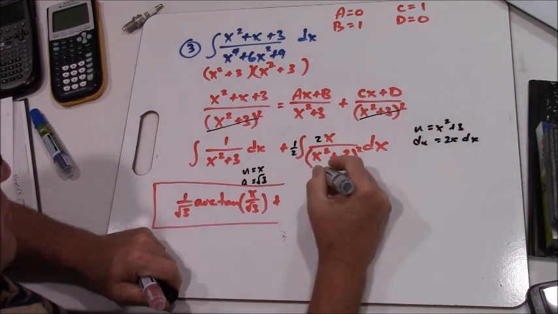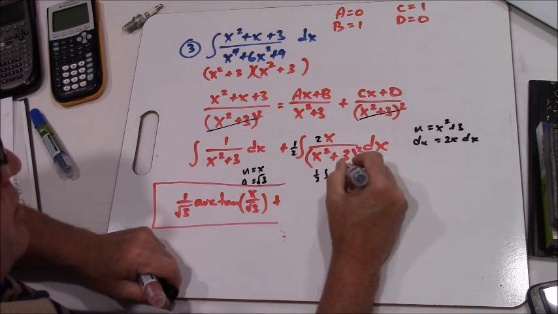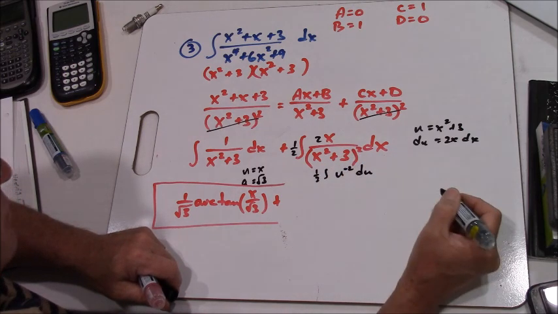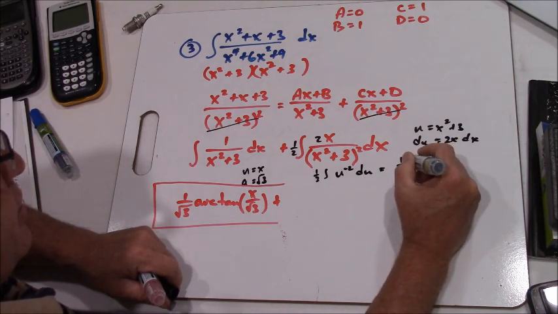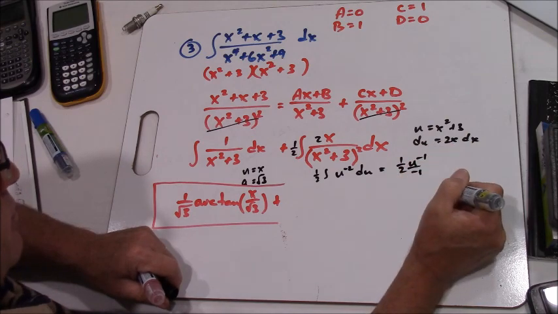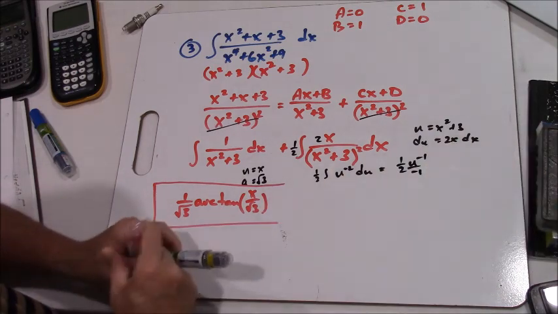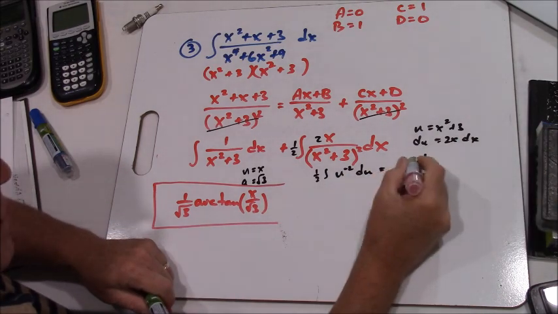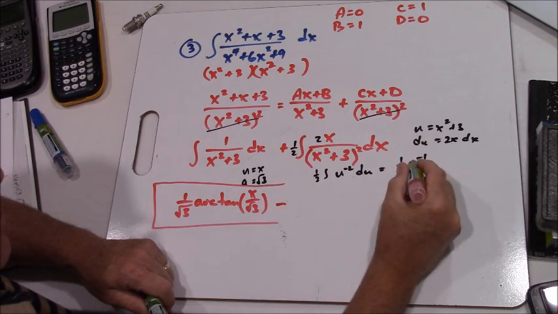And so now this integral would be 1/2 times the integral of u to the negative 2 du, which would equal 1/2 u to the negative 1 over negative 1, which means this right here, positive divided by a negative. When I drop this down below, I've got 2u in the denominator.